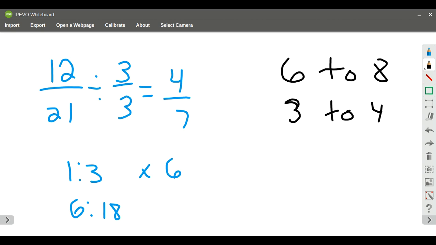If I multiplied by 2, I could have 12 to 16. So you're either going to divide or multiply to create equivalent ratios. If it asks for a ratio in simplest terms, that means you're going to be dividing both parts of the ratio by the same factor to get it into the lowest terms you can get it into without dividing anymore.